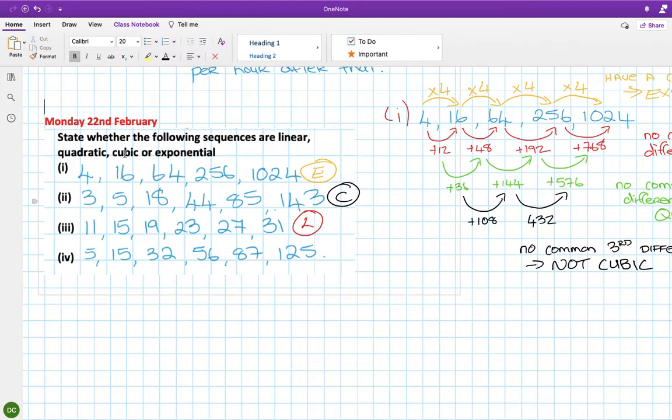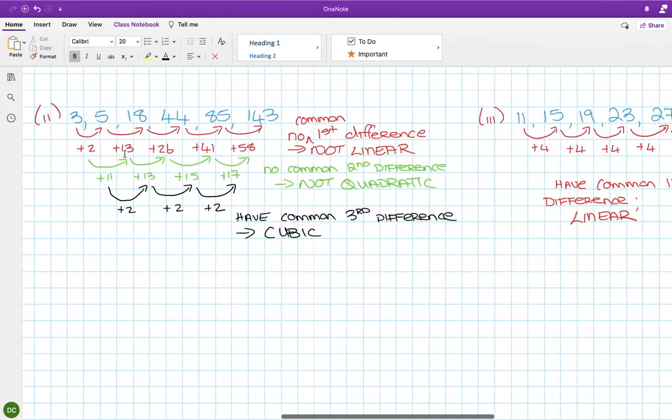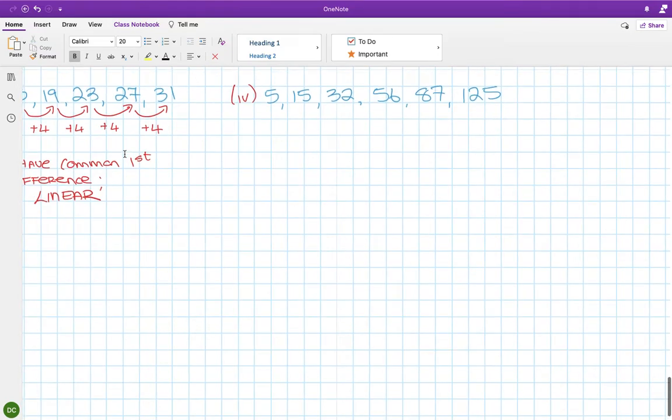So the last one should be quadratic, but again, we have to prove it. So I will take it down. 5, 15, 32, 56, 87, and 125. Okay. So like we said, it should be quadratic, but let's try and prove it. Okay, so from 5 to 15, that's plus 10. From 15 to 32, that is plus 17, I think.